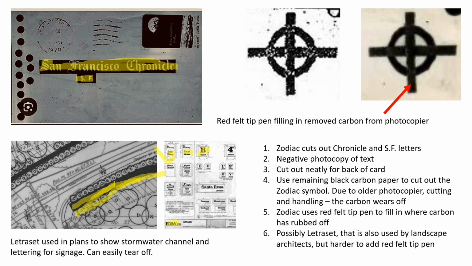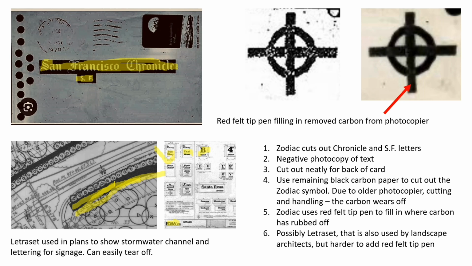And you can see on this lower resolution how they're overlapping, so there's a depth as each has been cut out and pasted on. Now, with old photocopiers, the carbon is not as good as modern photocopiers, and so what can happen is the carbon can rub off, particularly if you're cutting this out with a knife or scissors on a cutting board, however he's doing it.